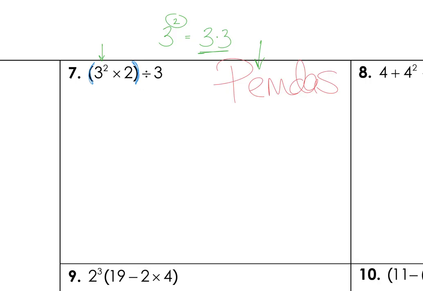So 2 times. Not that hard, right? So here we go. We have 9 times 2 inside the parentheses divided by 3. We still have parentheses, so we should do that next. 9 times 2 is 18, then divided by 3, and we get 6.